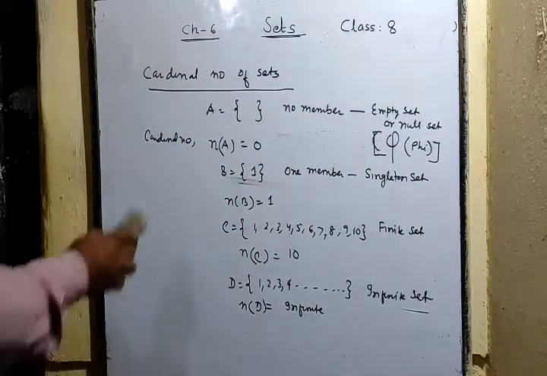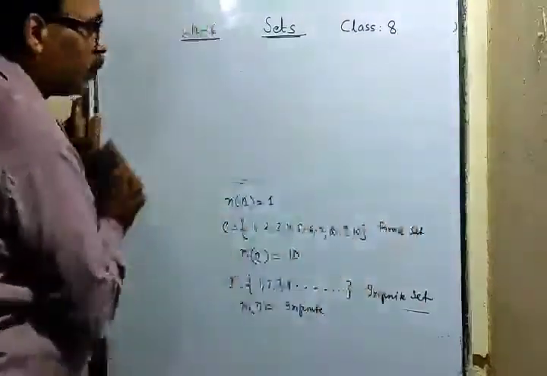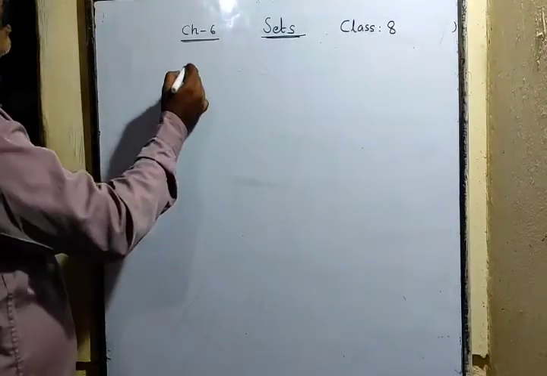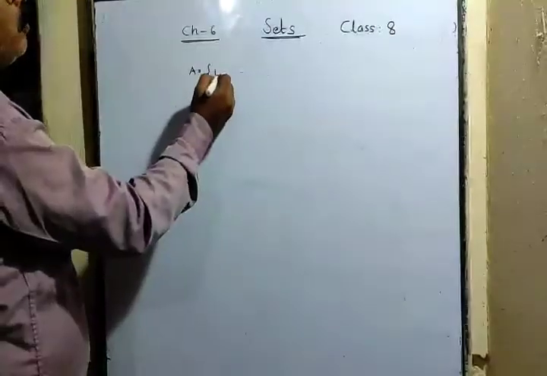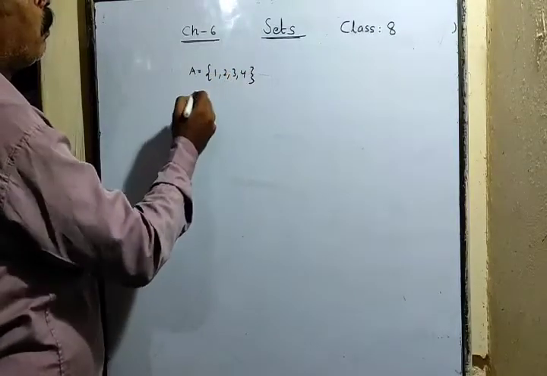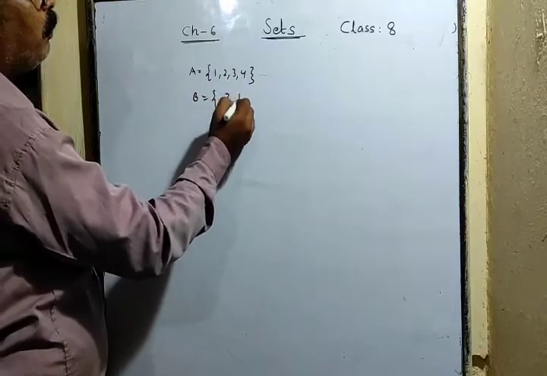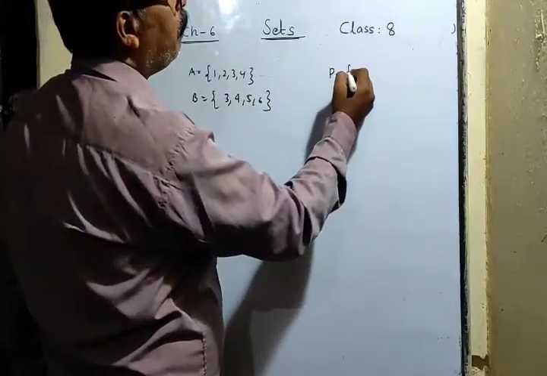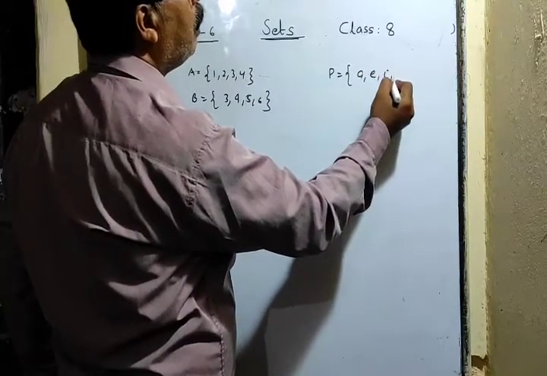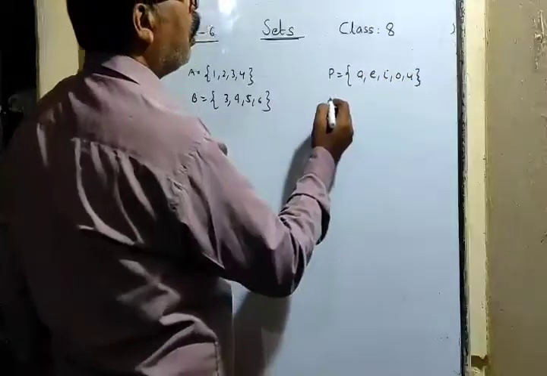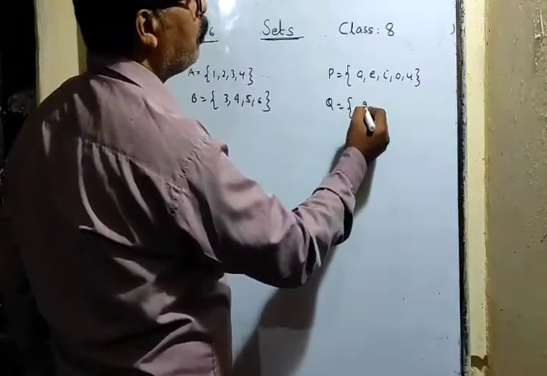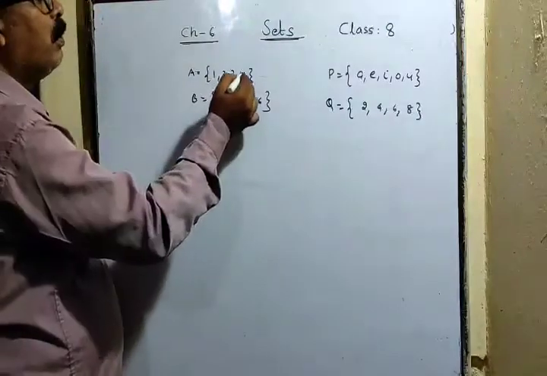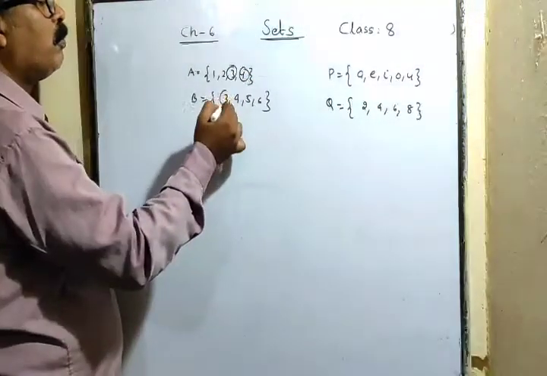Now we are going to compare two sets. Consider A is equal to {1, 2, 3, 4}, B is equal to {3, 4, 5, 6}, and next, P is equal to {a, e, i, o, u} and Q is equal to {2, 4, 6, 8}. Here, 4 and 3 are common to both the sets.